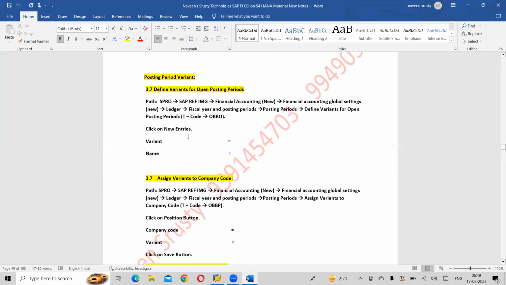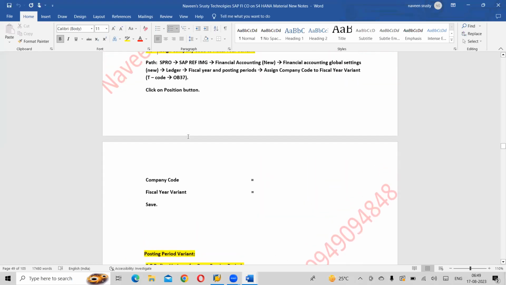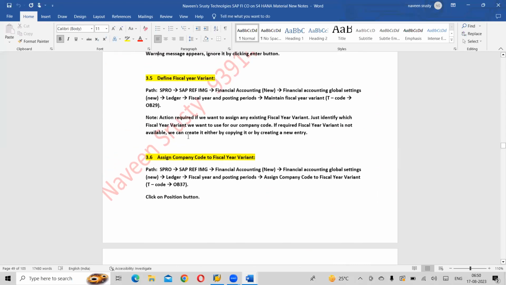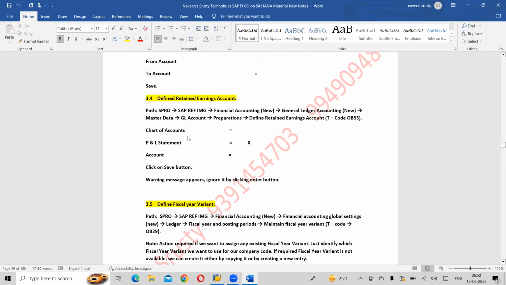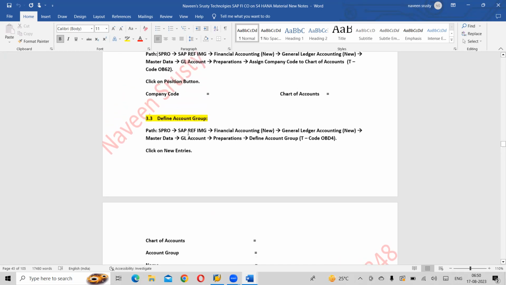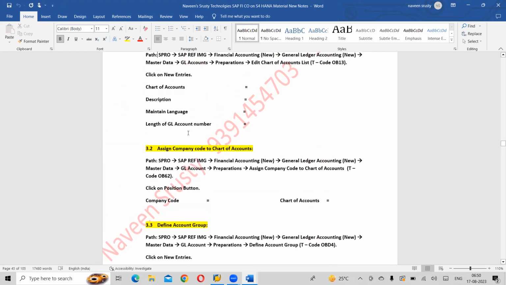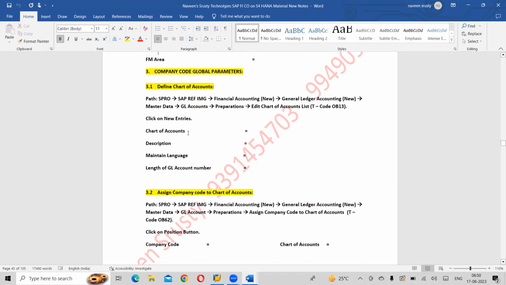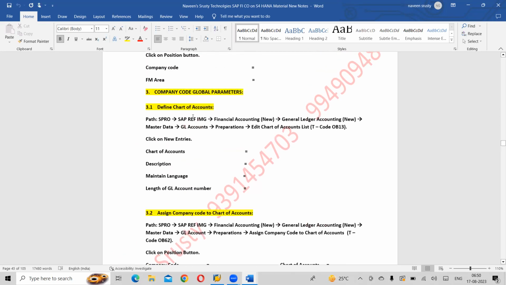But for most of these things, as I said, we need basic accounting knowledge to understand these two things: account groups and chart of accounts.